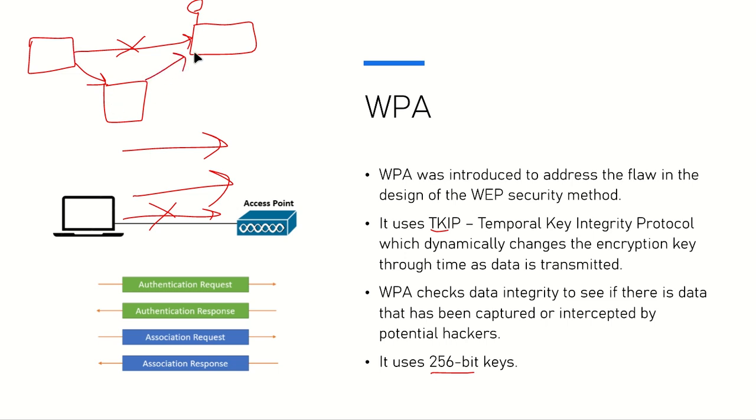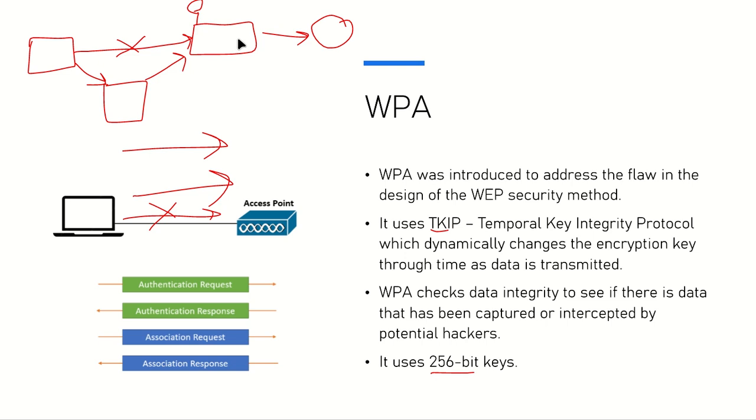Now I mediate between you and the wireless access point, or the internet somewhere here, so you can connect to the internet through that wireless router. So all the traffic that goes to that wireless router passes through me, and I have the ability to modify any and all of those packets.